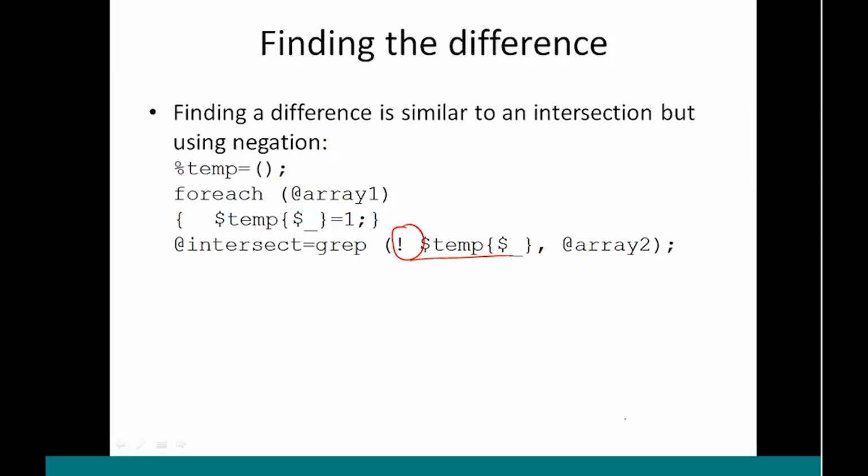So this will give you the difference between the two arrays. Whichever element is in array 2 that is not in array 1 will show up in the array intersect.